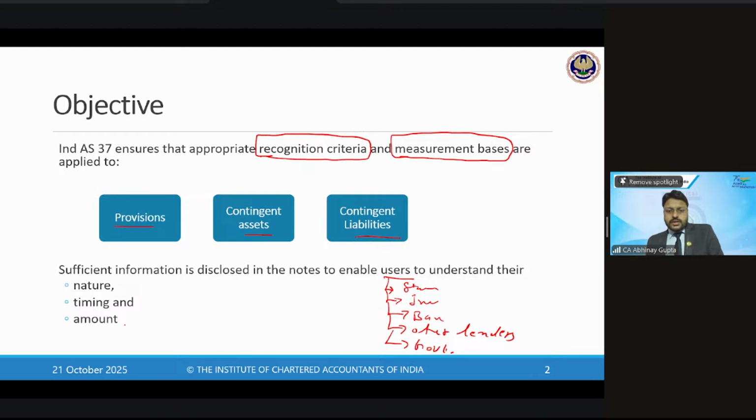So the objective of these disclosures is to enable these users to understand the nature, the timing, and the amount of these three items, right?